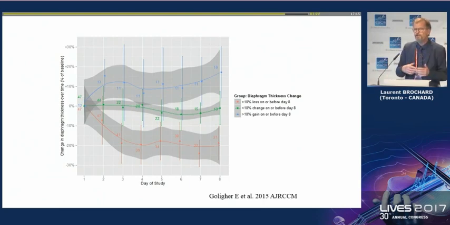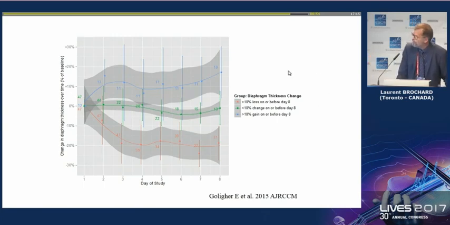So it's not a selected population, except patients who were supposed to stay at least 24 hours on the ventilator. No clinical protocol, just measuring the thickness day after day.